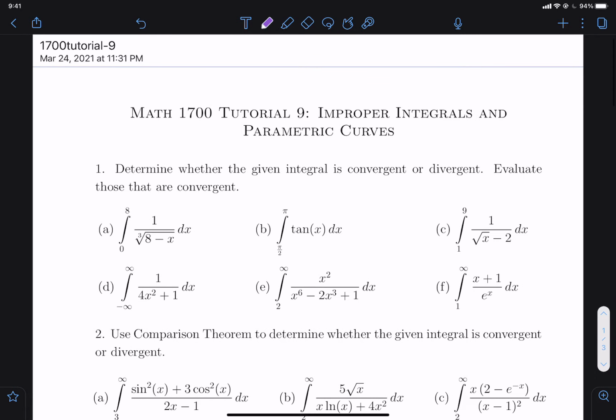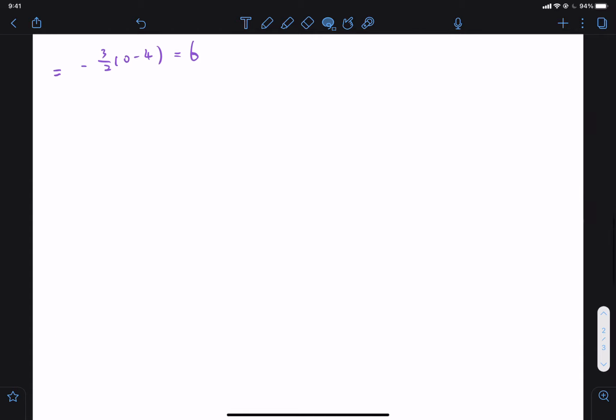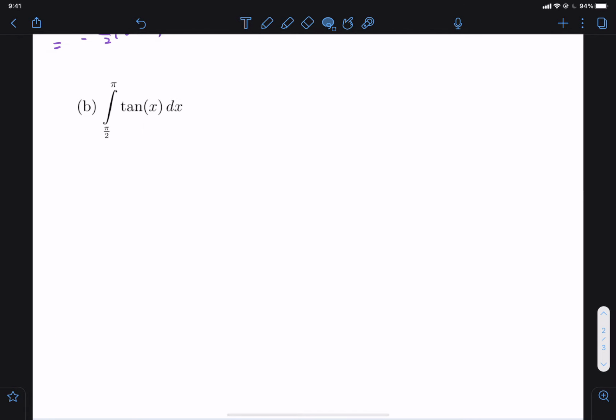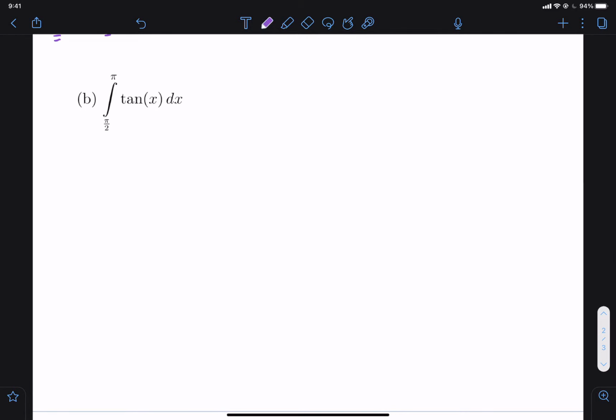And now move on to this question B. So now, as before, we want to recognize the singular points first, right? Tangent x is defined everywhere except at pi over 2.